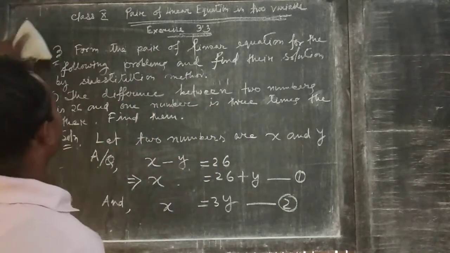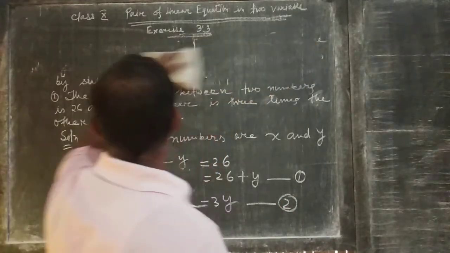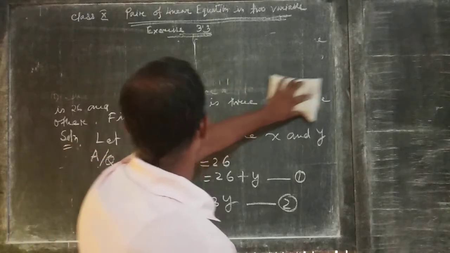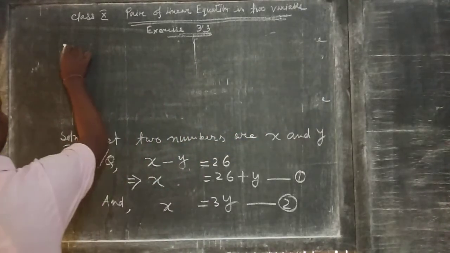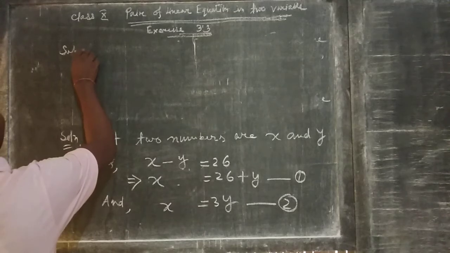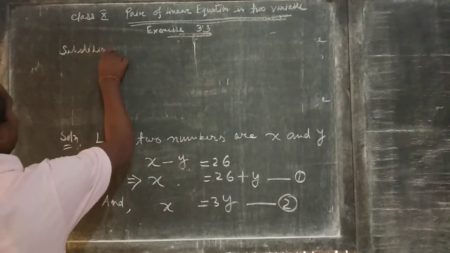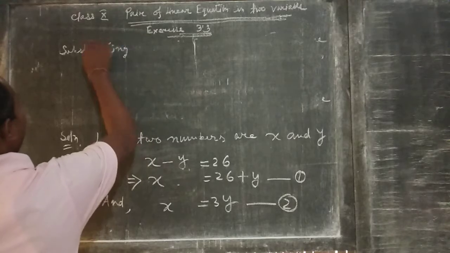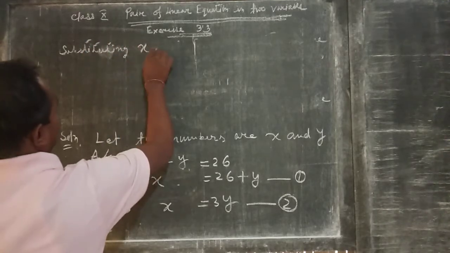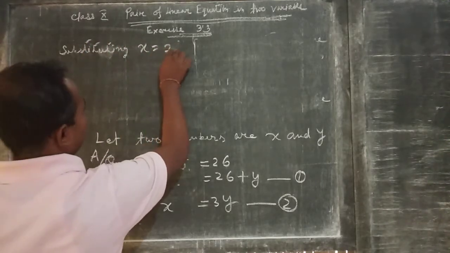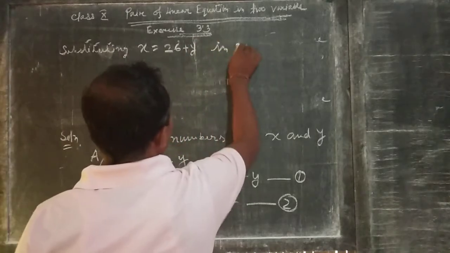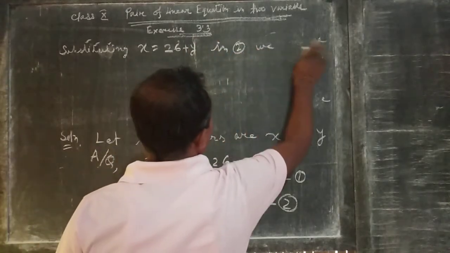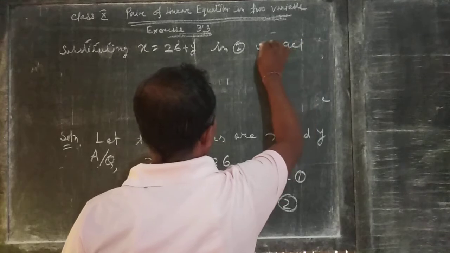Now let's substitute x equals 26 plus y into equation 2. What do we get?